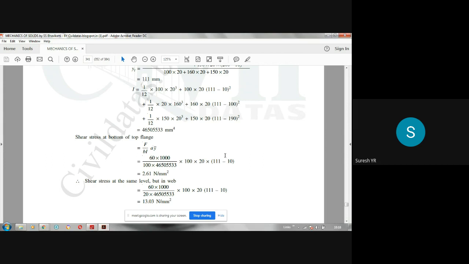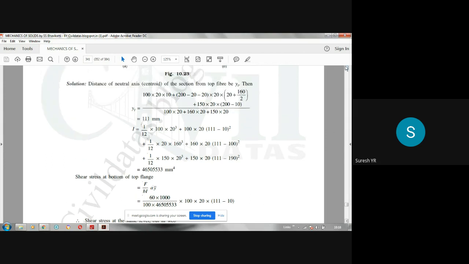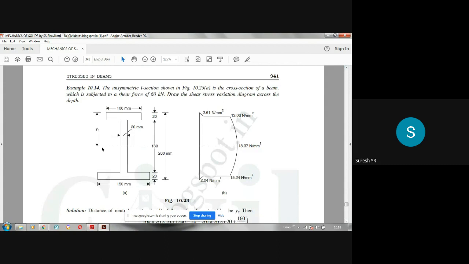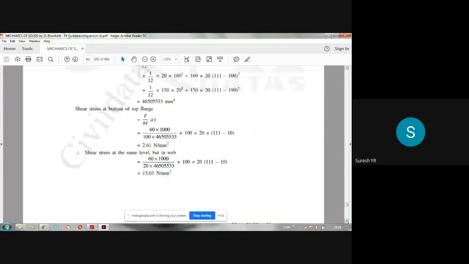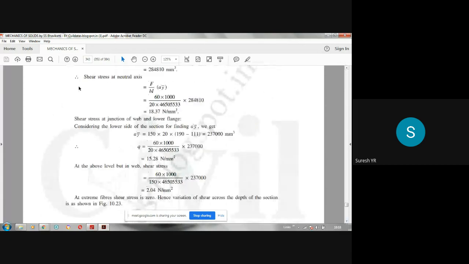So yt is 111, minus 10. We take minus 10 because this is the distance from the neutral axis to the centroid of this flange, that is y bar. So that is your A into y bar here. The same expression will be there. The only difference is B equal to 20 when you are calculating shear stress at the top of the web.